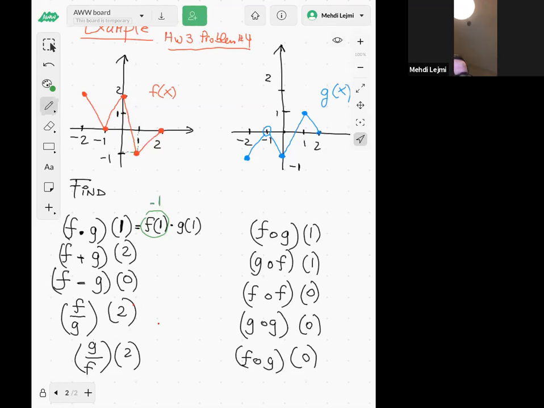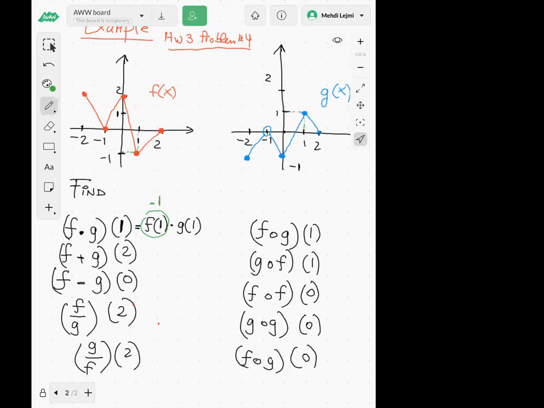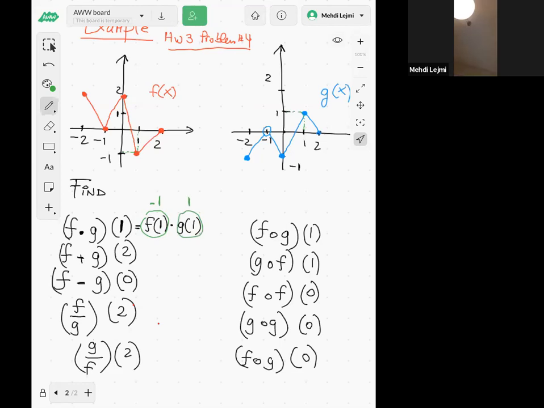Now, times g of 1. So what's g of 1? Well, g is the blue graph here. So here's 1. So g of 1 is +1, right? And so what will be the answer here? Well, it's -1 times +1. So the answer is -1.